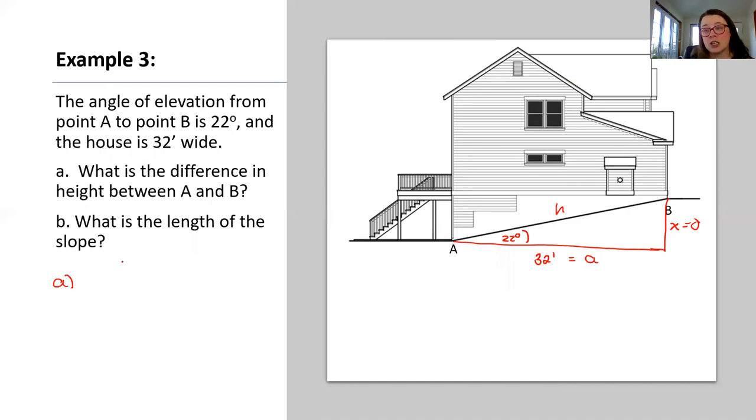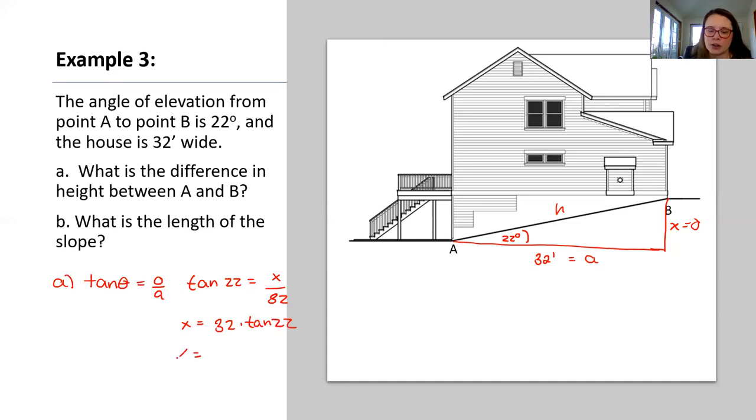Now, opposite and adjacent, you should remember at this point uses tan. So the tan of an angle is equal to opposite over adjacent. So the tan of 22 is equal to, the opposite side is X over the adjacent side, which is 32. X equals 32 times the tan of 22.